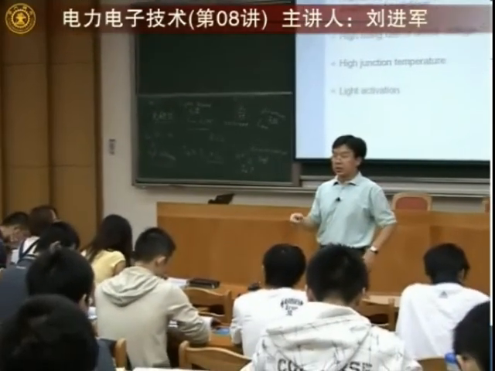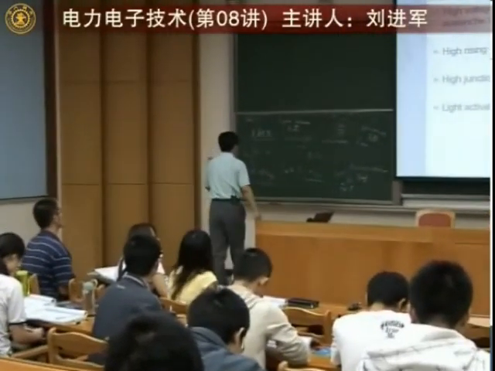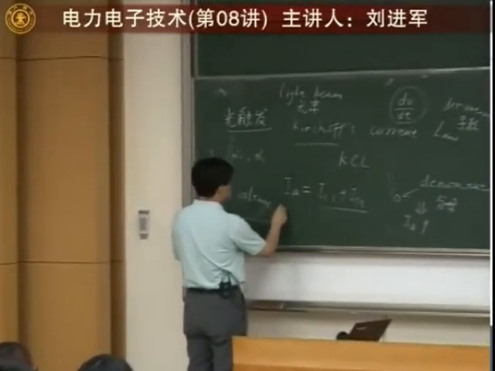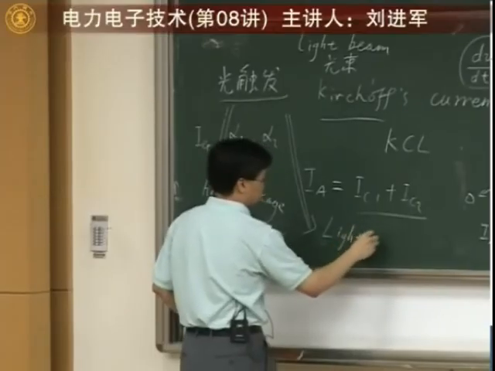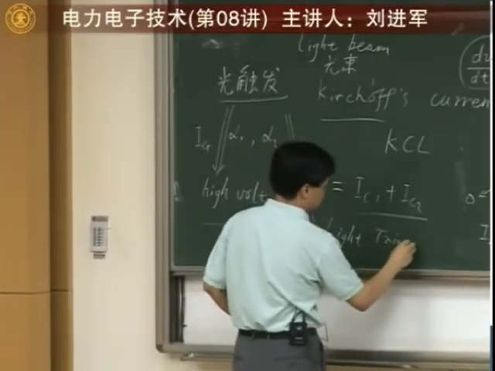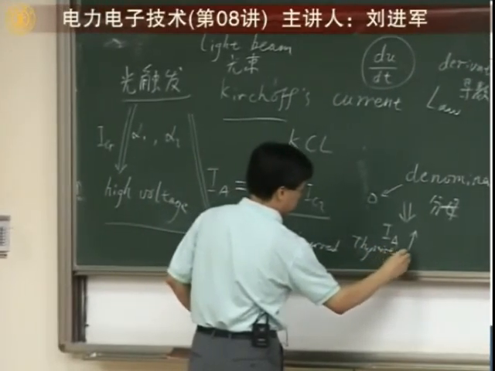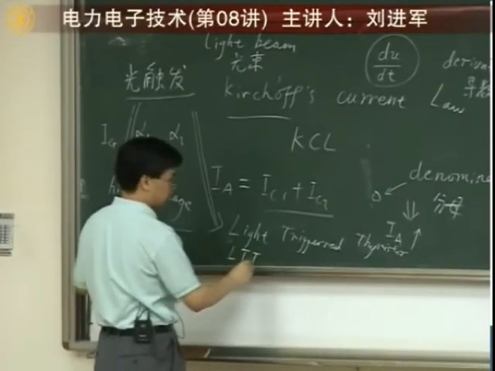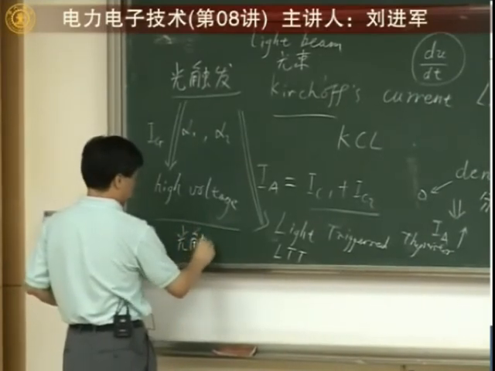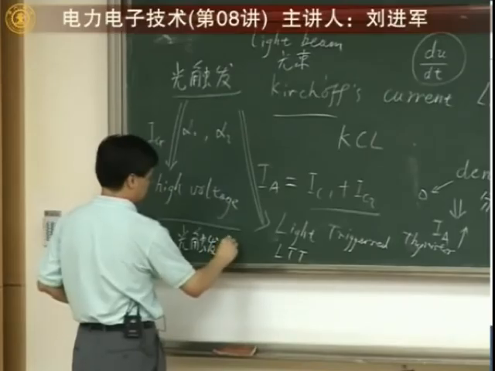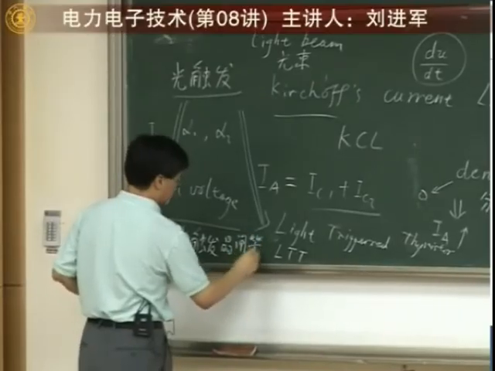Okay. So light activation is used to make a very special thyristor, which is called light triggered thyristor, LTT.